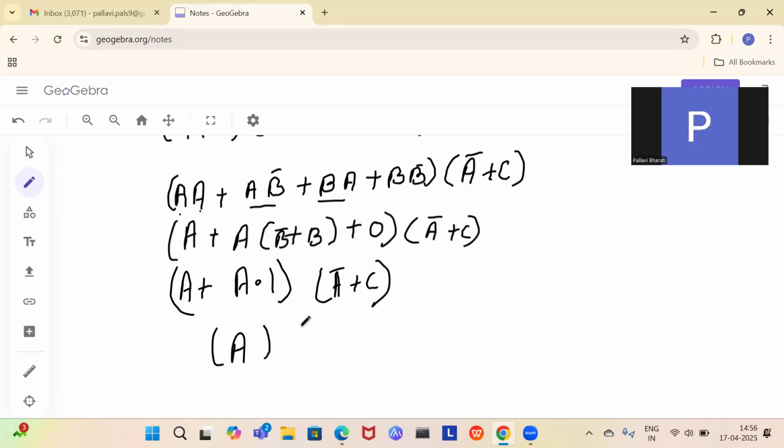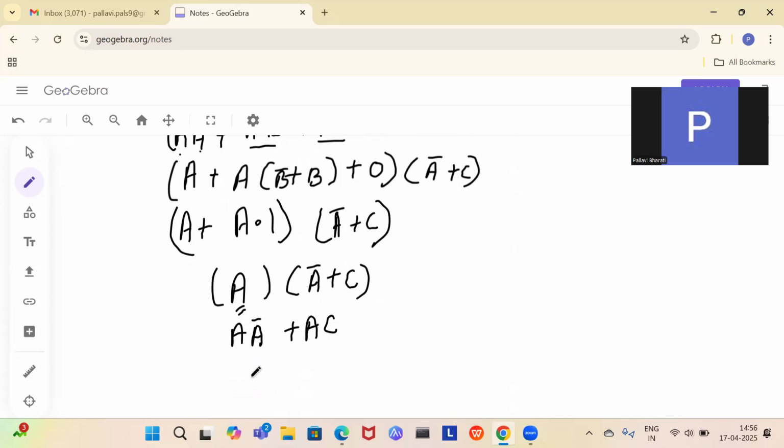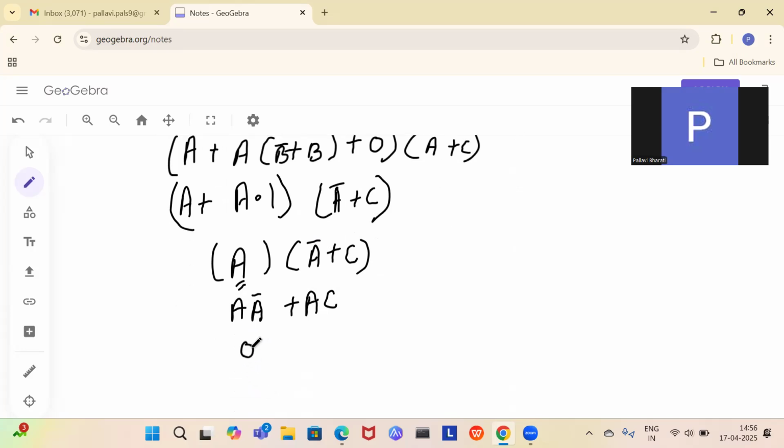And then you have A bar plus C. If you take this 0 plus 1 or 1 plus 0, whatever is the value of A, that is going to be the answer. That is why I've written over here A. Now next point is A bar plus A into C. A bar is going to be 0 plus AC. This is 0 plus AC. So the answer is AC.